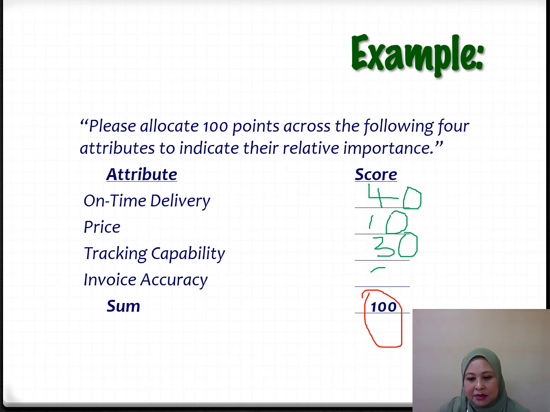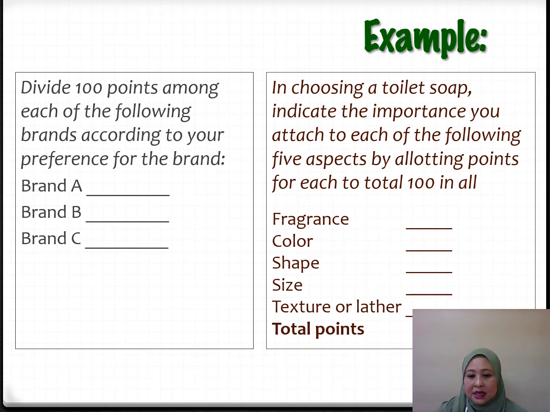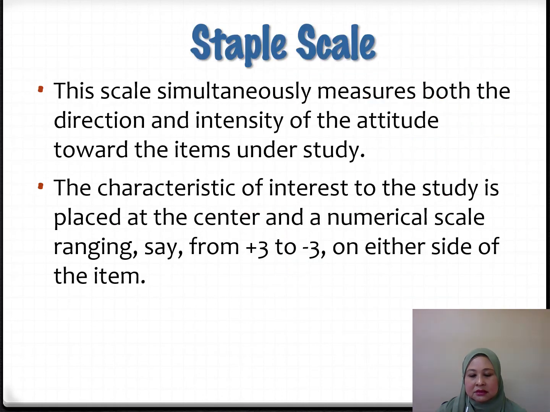This one maybe 20. When you calculate the sum, the total must be 100. Another example here. Then we have the Stapel scale. Not so sure what type of discipline uses this kind of scale.